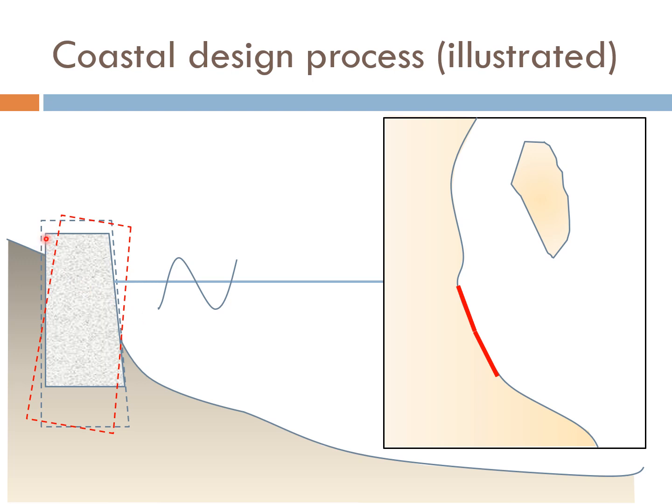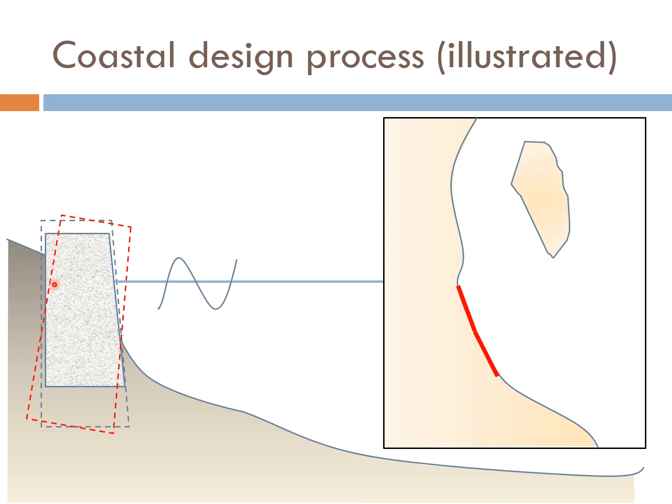Then here, the functional requirement of the structure will first be designed, which means that we will have to find out what is the sizing of this seawall, how high it should be in order to take care of the highest tide and also incoming waves, and how low it needs to go in order to make sure that the toe does not have any scouring problem.